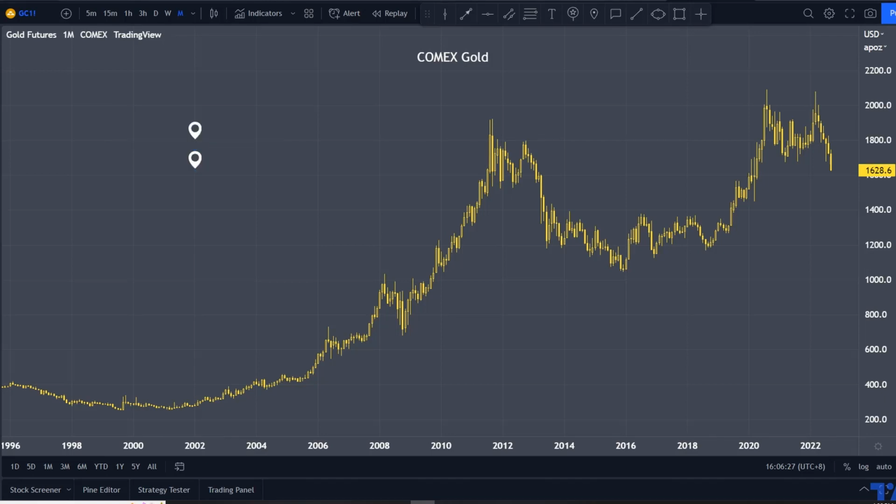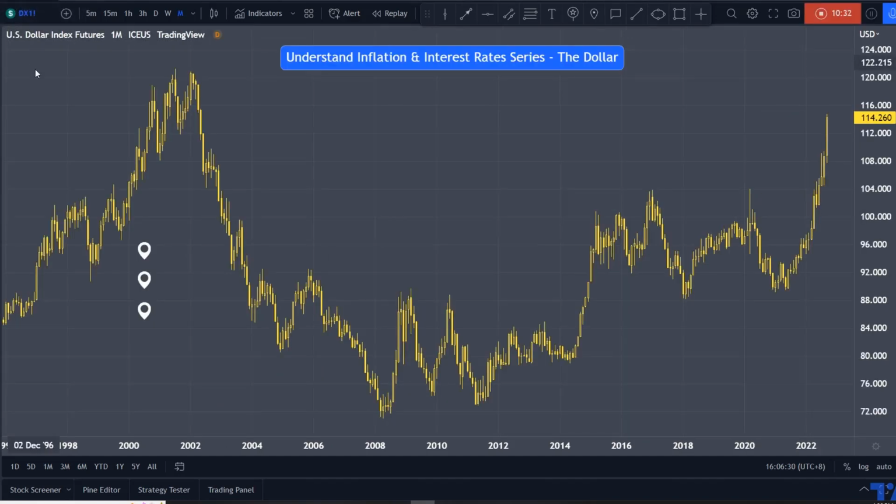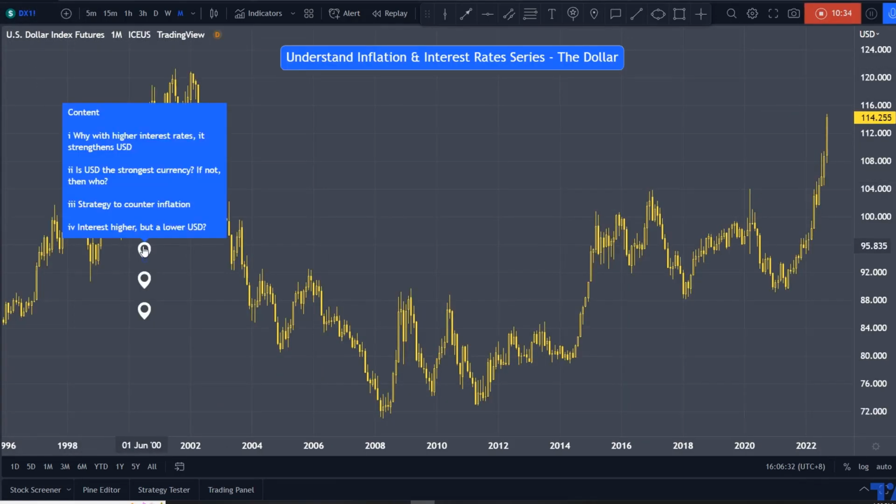Now, let's move on to our last key point here. I'm just going to give you a hypothetical question: is it possible that the interest rate continues to move up, but the US dollar moves down? Earlier we discussed that when US interest rates move up, it will attract investors to buy into US dollars.